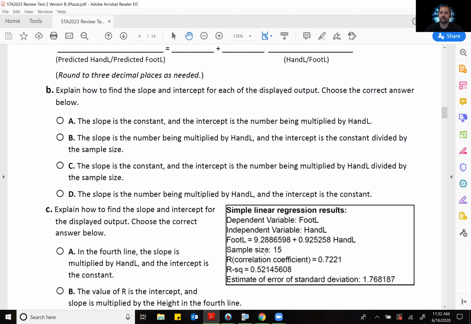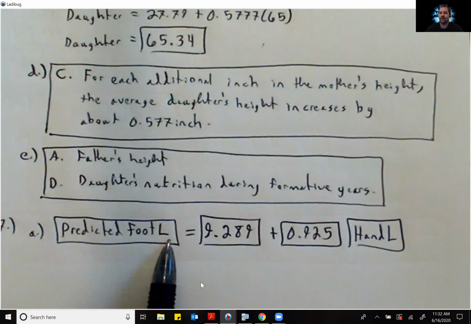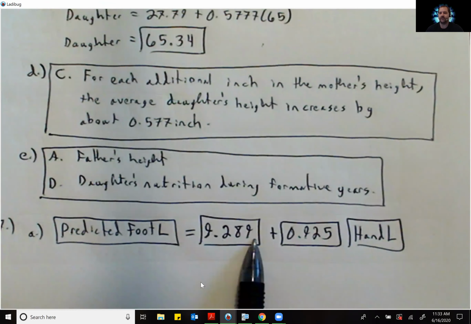Plus, what is our next number? 0.925. And the last one, is it hand or foot? There you go. Now we have our equation. If you didn't get that equation when we were talking about it, it's right there. Predicted foot L equals 9.289 plus 0.925 hand L.